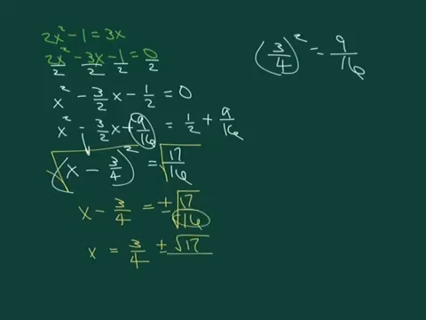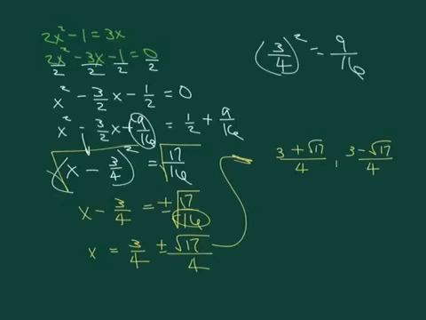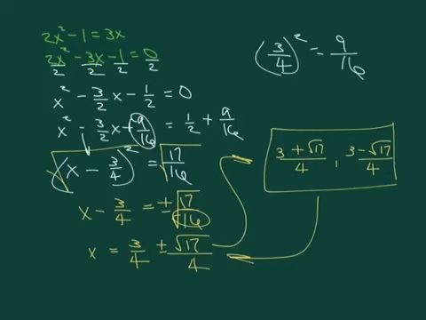Okay, square root of 16 is 4. Okay, and that gives me 3 plus square root of 17 over 4, and 3 minus the square root of 17 over 4. Those are my two answers taken from that right there. Any problem with that? All right.